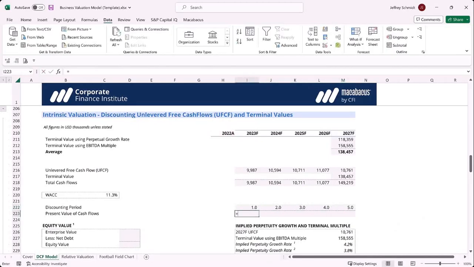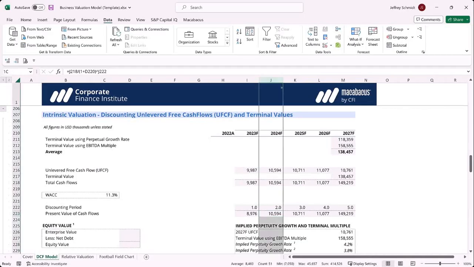Now we can calculate the present value of the cash flows. We can take our total cash flows, divide it by 1 plus our WACC, and then raise that to our discounting period, and then copy that to the right. But that can't possibly be right. The present value of cash flows must be lower than the total cash flows.